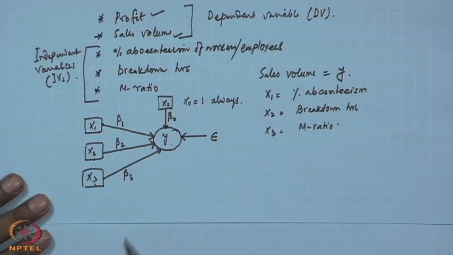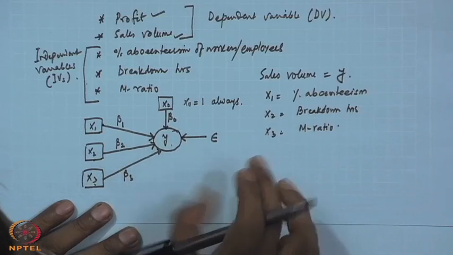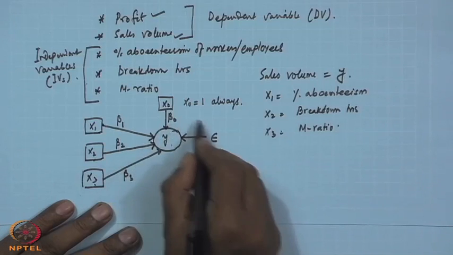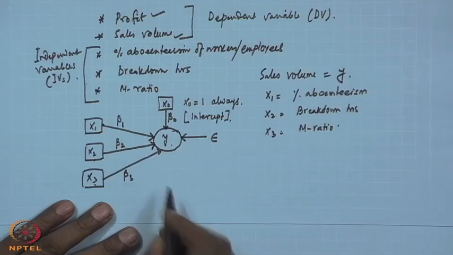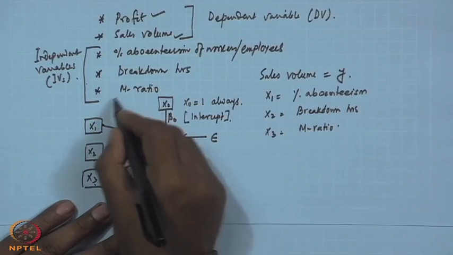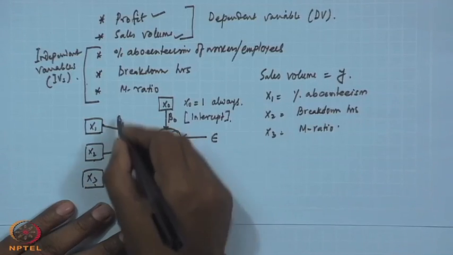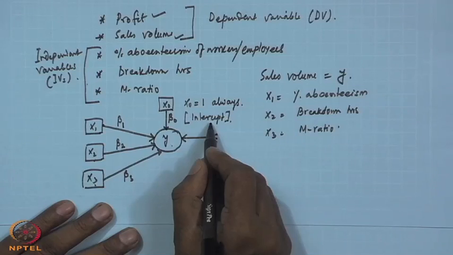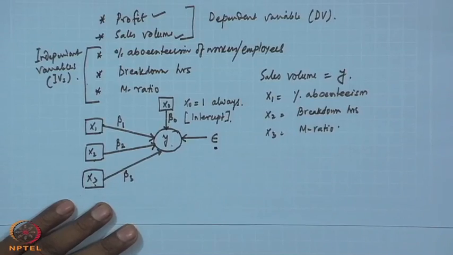That means, in the multiple regression case, you will get three types of parameters. One is beta 0, the constant parameter, which is known as the intercept. Then the influence of the independent variables, these are known as the influencing parameters or regression coefficients. Also beta 0 is a regression coefficient, the intercept coefficient. Then another one is a random one, which is error, which also contributes.